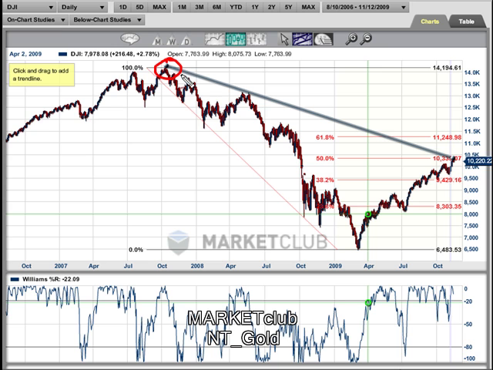That's the all-time high for the Dow, in October of '07. Then we had a pretty relentless move down, and then the recovery. The recovery has come back to a very important Fibonacci level, a 50% retracement. It also coincides with this downtrend line.